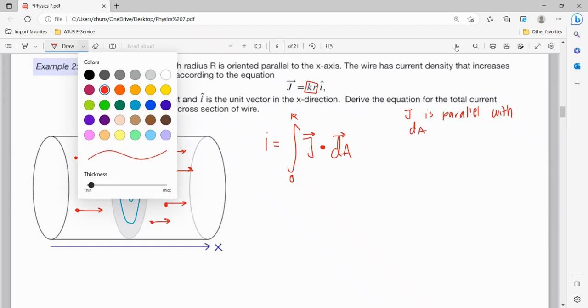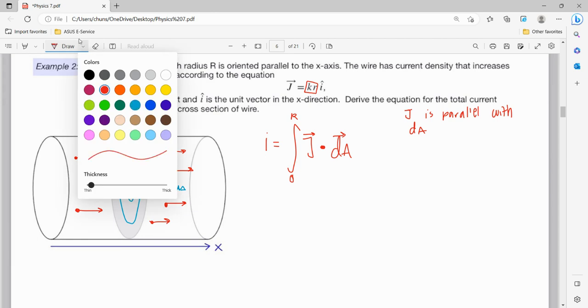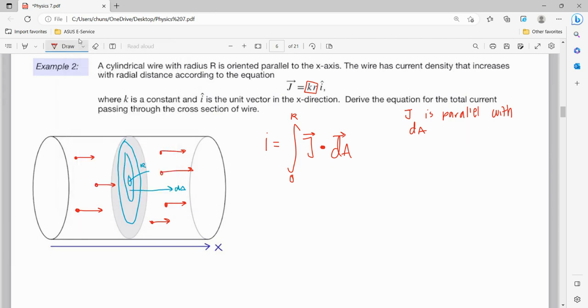Because if we want to have our cross section, we can imagine our dA pointing outwards like this. Then since our cos is 0, that just gets rid of this dot product, and it's just our J times dA.